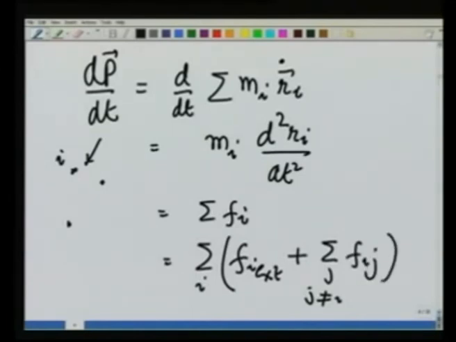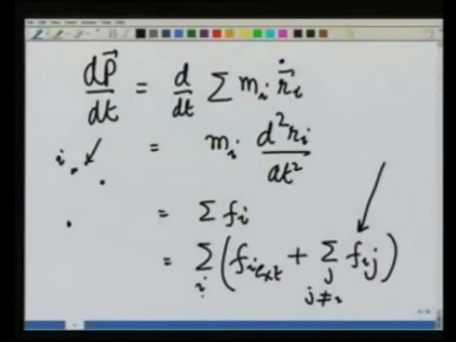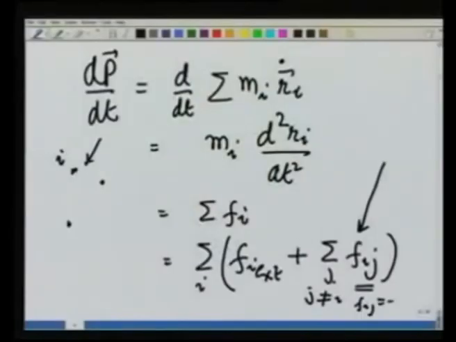And we had shown then, and that is how we came to center of mass motion, that this summation over i and j gives me 0 if F_ij, the forces between the particles, satisfy Newton's third law, that is F_ij is equal to minus F_ji. The force on the ith particle due to j is opposite and equal to the force on the jth particle due to i.